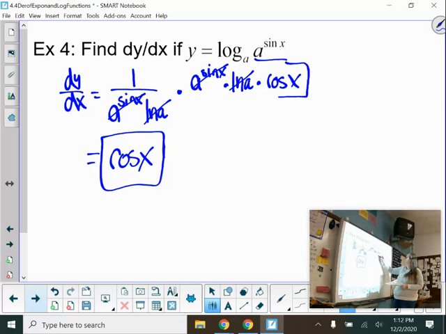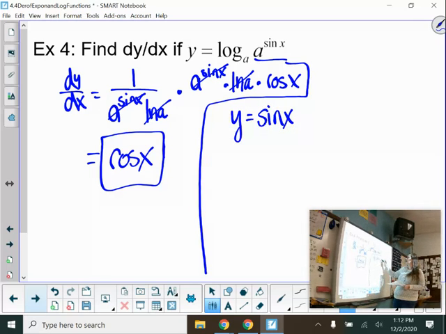Now, if we look at this original problem, if you recall from your rules of logarithms, anytime you have an exponent with this logarithm, you can actually bring that out front. So this is the same thing as sine of x times log base a of a. And also, if you recall, anytime you have a logarithm where your base and what you're taking the log of match, that's equal to 1.